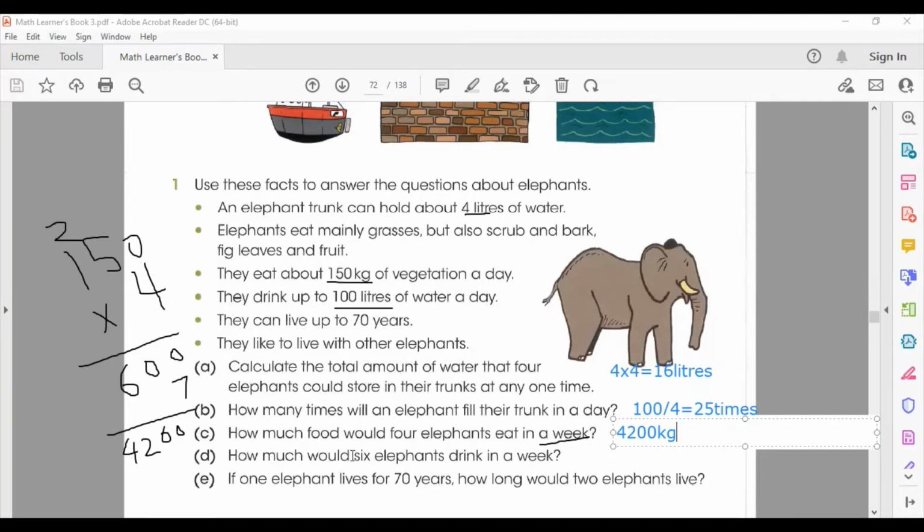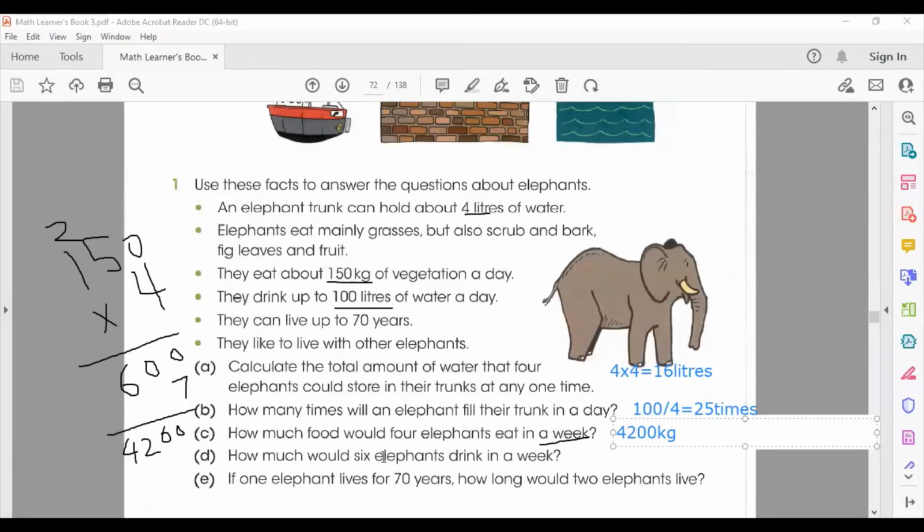How much would 6 elephants drink in a week? So let us do it.